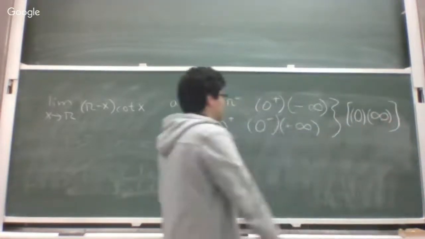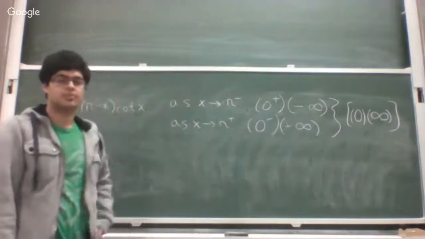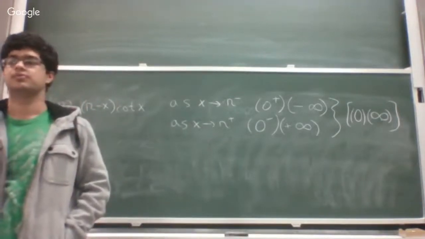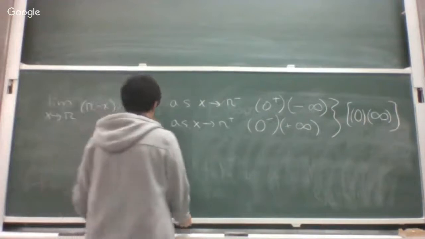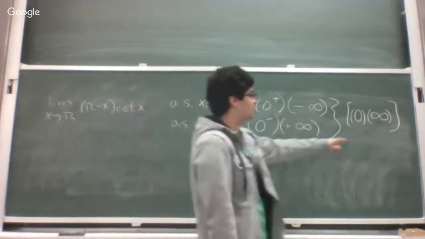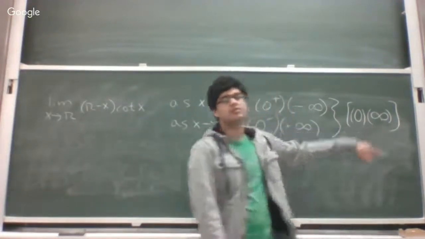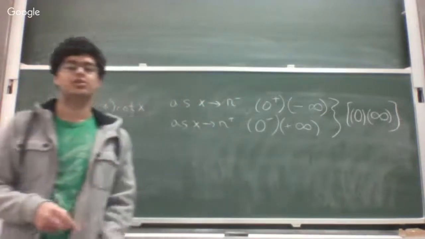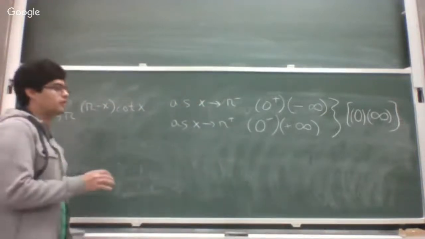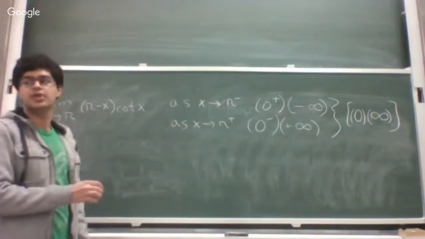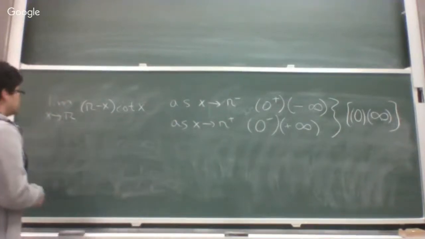What happens if we get that form? What happens if we get 0 times infinity? We rearrange it to try to get 0 over 0 or infinity over infinity. Okay? So then we can use the L'Hopital's rule.